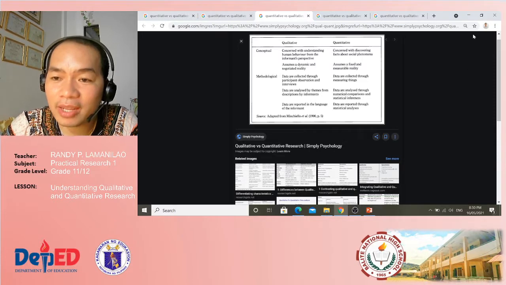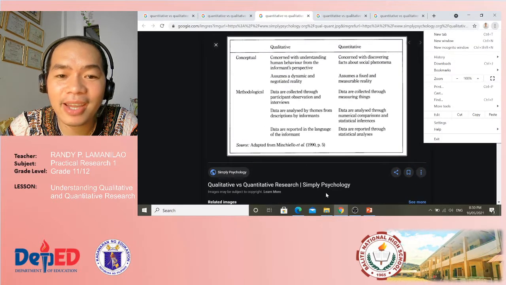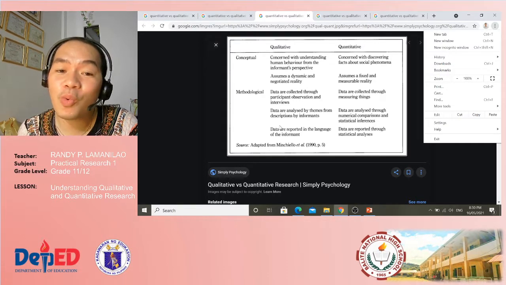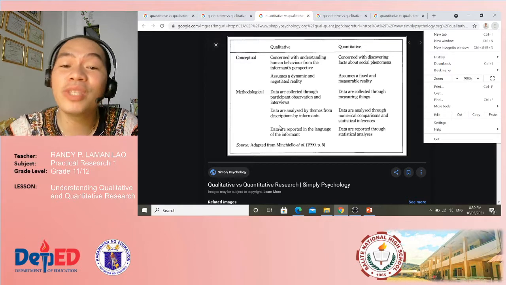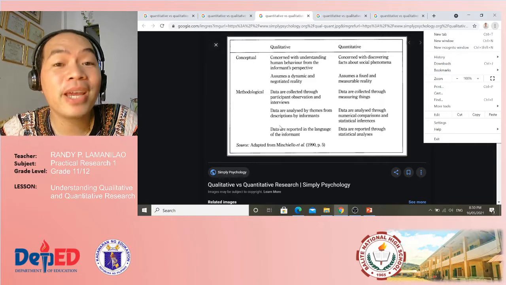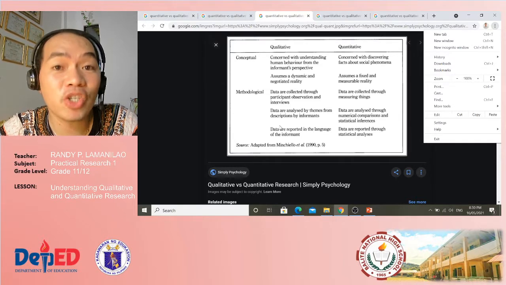This is very clear and I hope makukuha to ng lahat. Okay. Kapag conceptual yung pinag-uusapan, kapag qualitative yung research, it is concerned with understanding the human behavior from the informant's perspective. Sino ba yung mga informants? Yung ini-interview mo para sa research mo.